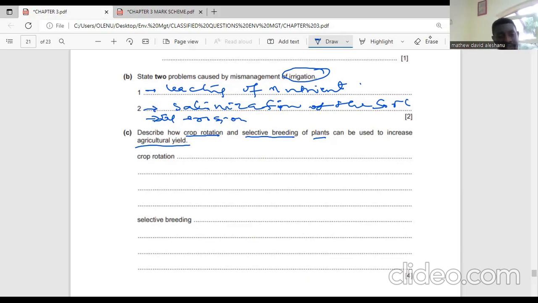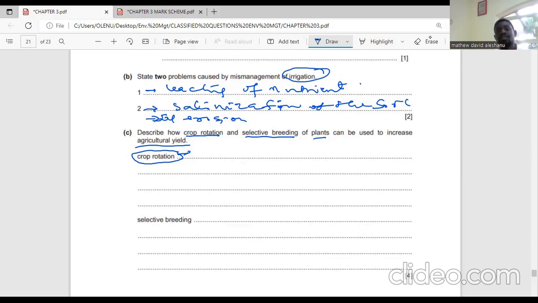Crop rotation is when a different crop is cultivated each year. You cultivate different types of crops on the same piece of land. You write that first, because once you are given this type of question, you just define what it is.